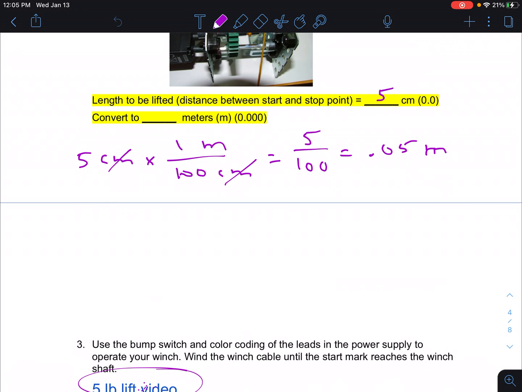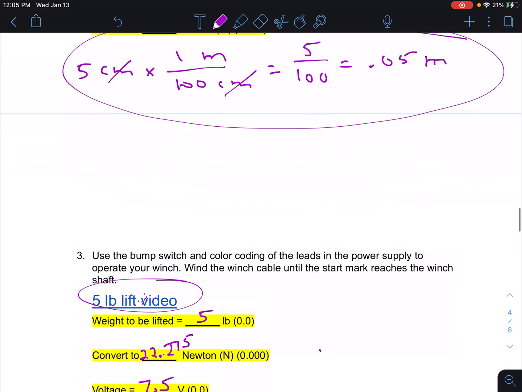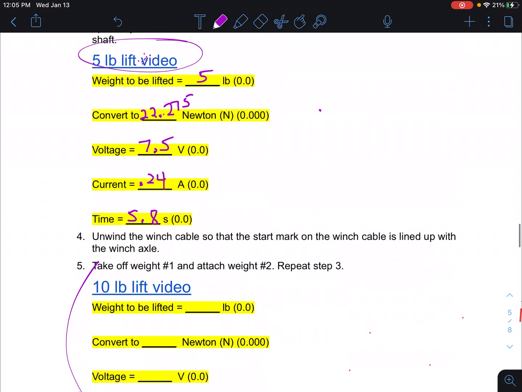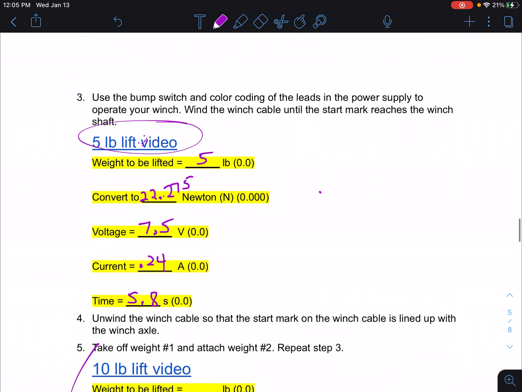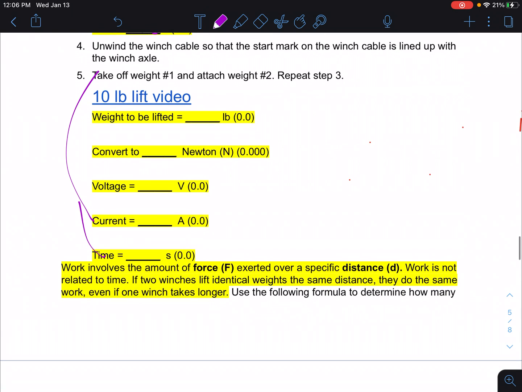This conversion right here that we did for the 5 pound mass, the distance is the same distance you're going to use for every one of them. 5 centimeters is 0.05 meters. We already did this information here, just basically recording the numbers off of the data table. So the numbers we get off the data table here for the 10 pound mass, we have 10 pounds. We just converted that to newtons, and we found out that it was 44.54 newtons.